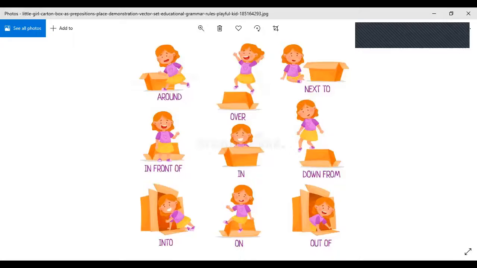Now I'm going to share the screen with you and we will discuss some more of it. Over here we have some more. The first one is around. A box is being placed and the girl is moving or running closer to that. So for that we have used the word around. Got it?